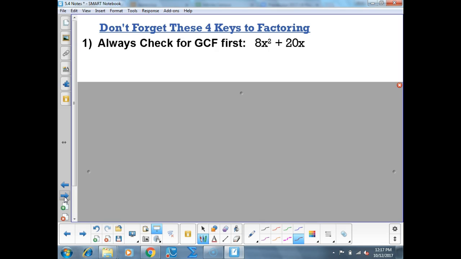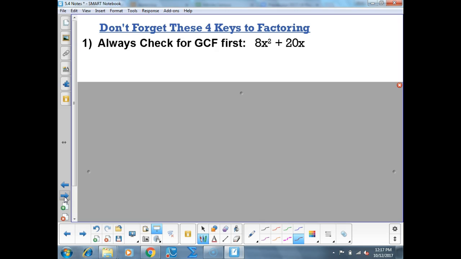Okay? So first and foremost, always look to see if there is a greatest common factor. That's your first method, your first look, your first observation, every single factoring problem. Is there a greatest common factor?